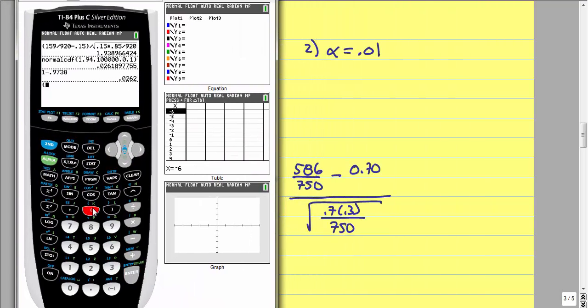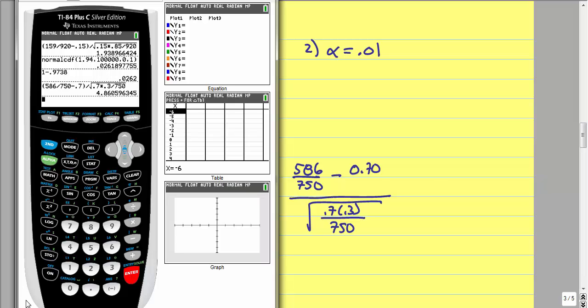As usual, we need to have parentheses around the numerator. 586 divided by 750 minus 0.7. Okay, so that's my numerator. I'm going to divide it by the square root of 0.7 times 0.3 divided by 750. Now all this is underneath the square root sign. So what do I get for my test statistic?